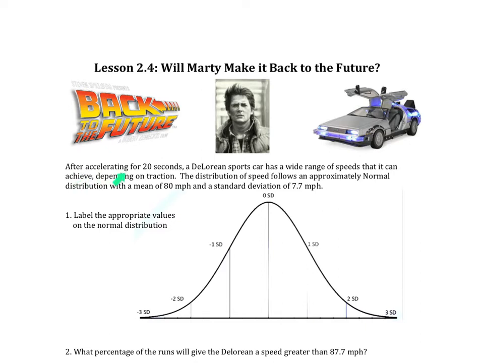It says, after accelerating for 20 seconds, a DeLorean sports car has a wide range of speeds that it can achieve depending on traction. The distribution of speed follows an approximately normal distribution with a mean of 80 miles per hour and a standard deviation of 7.7 miles per hour. Label the appropriate values on the normal distribution.